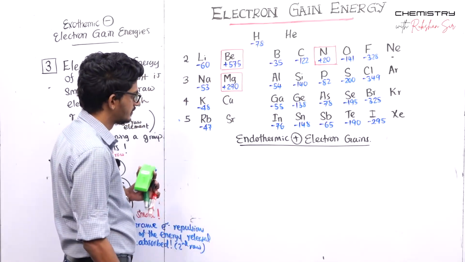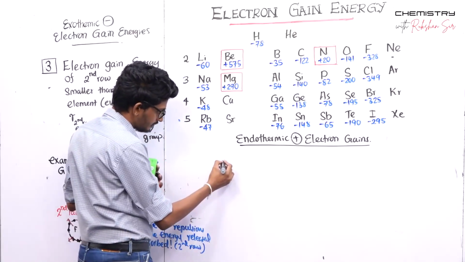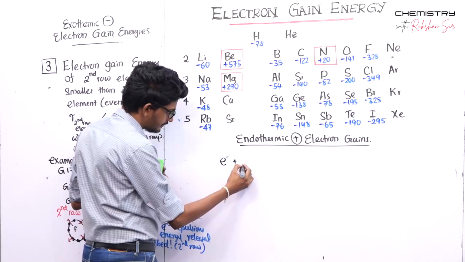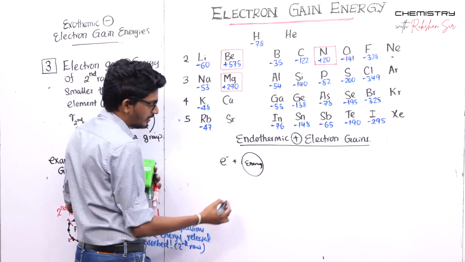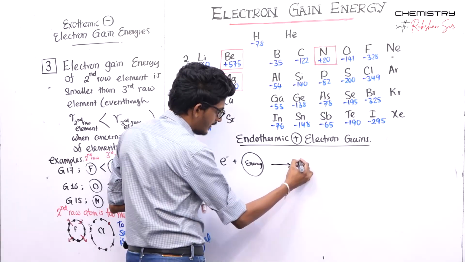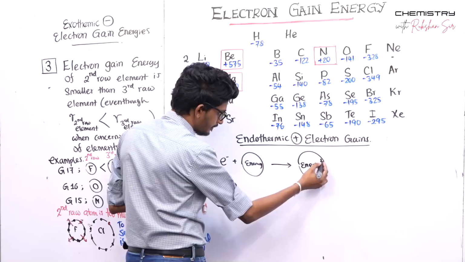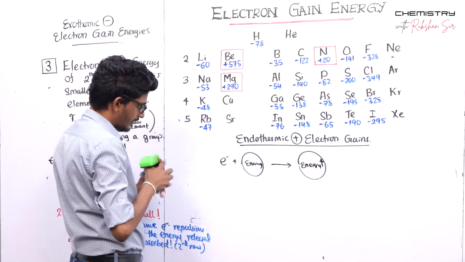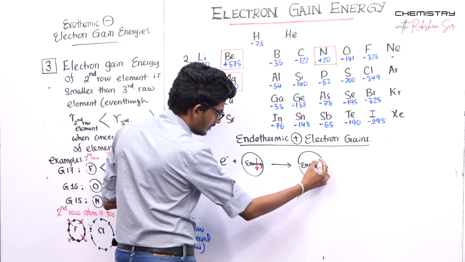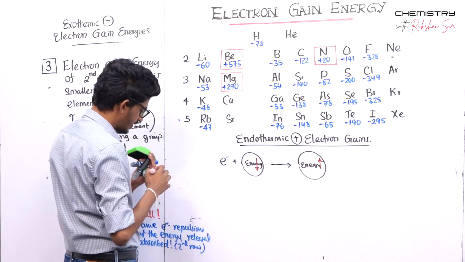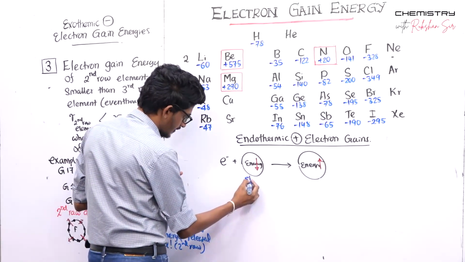This happens when, adding an electron, your energy increases. Here you have lesser energy, here you have greater energy. That means your stability decreases.